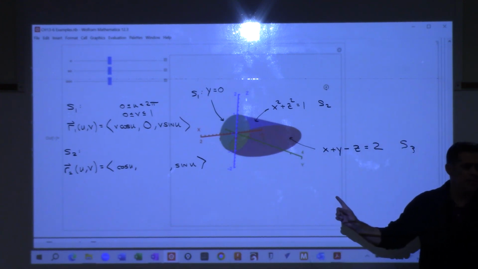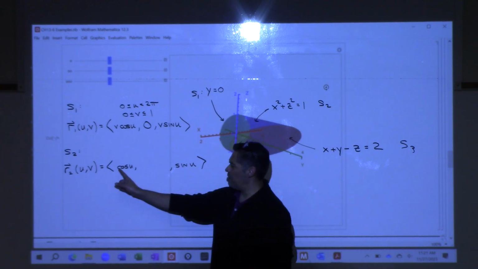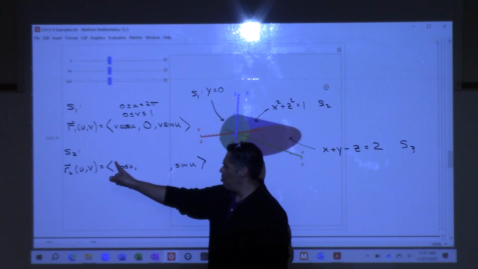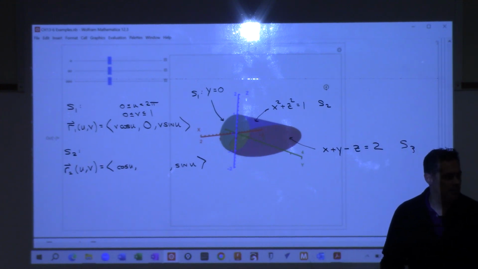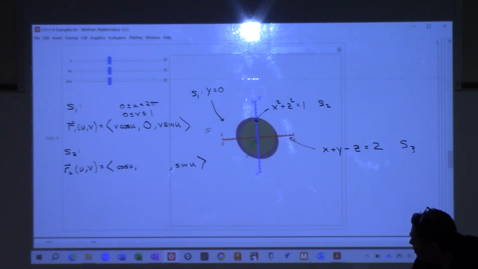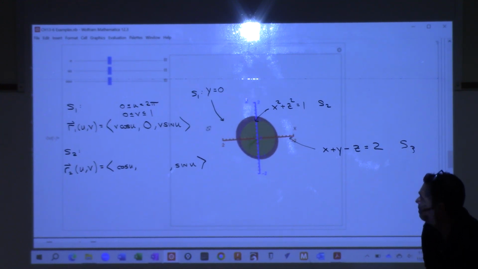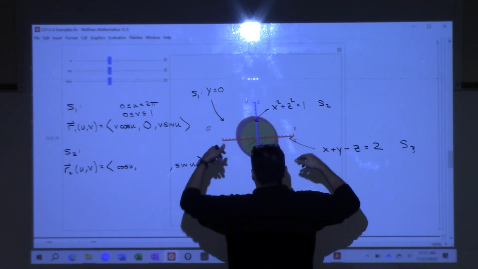Okay, so do you all agree with this? Does this still draw you circles, radius of what? 1. Circles of radius 1 parallel to the xy plane, right? Now, is that what we want? If you look at it straight on like this, the blue is still circles, right? If you look at it this way, it's still circles.